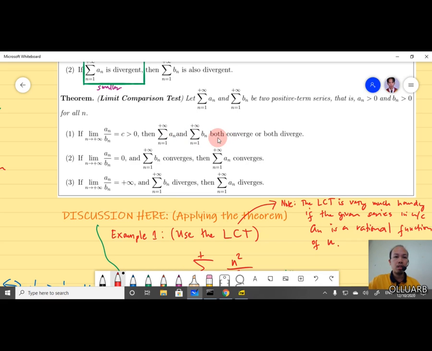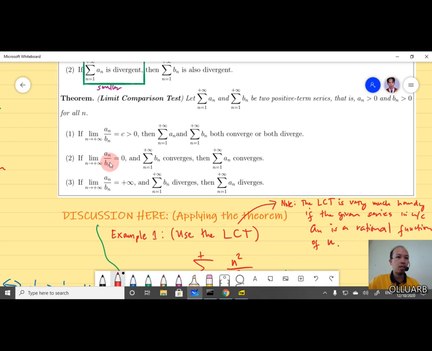But if the series that you compare, which is b sub n, is divergent, then the original series is also divergent. So we can use theorem 1 for the limit comparison test.